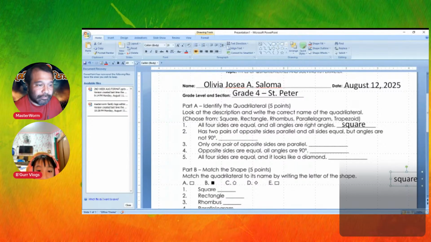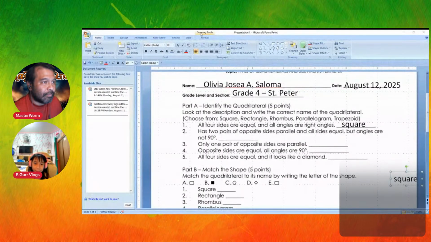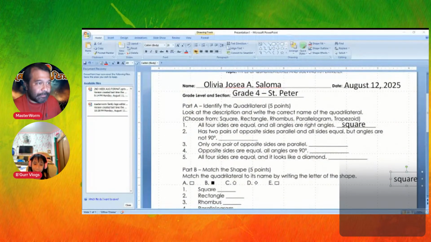Has two pairs of opposite sides parallel and all sides equal, but angles are not 90 degrees.